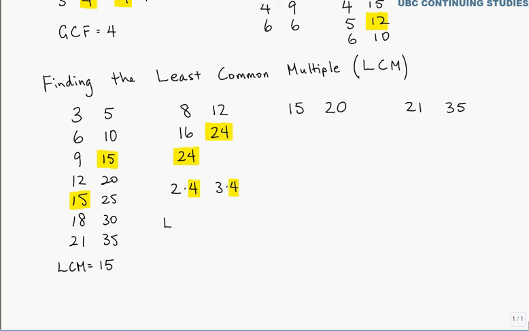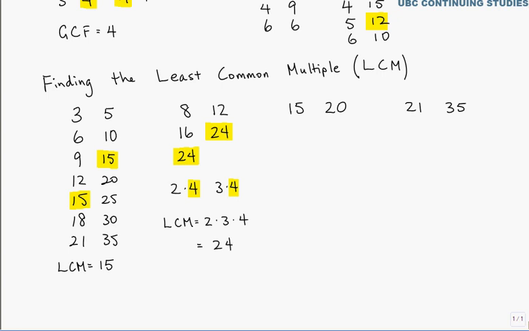To find the least common multiple, I just simply take all of those factors, but I don't need to repeat the 4 because 4 is a common factor. So the least common multiple is going to have 2 as a factor, 3 as a factor, and also 4. 2 times 3 times 4 is 24.